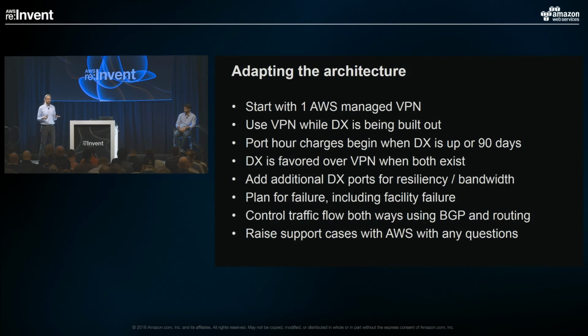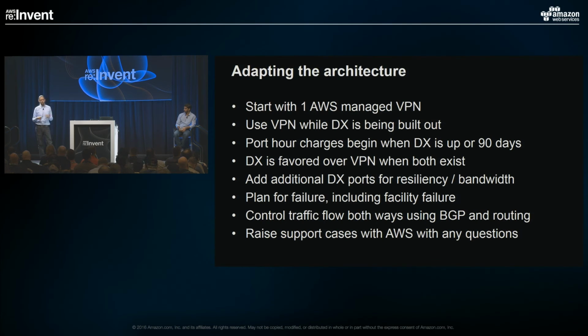And luckily, this is very simple. The most important takeaway is this is flexible. You can grow and adapt with time. What we see a lot of customers do is they will begin by setting up VPN, typically AWS managed VPN, and then they will commence with building their Direct Connect in parallel.